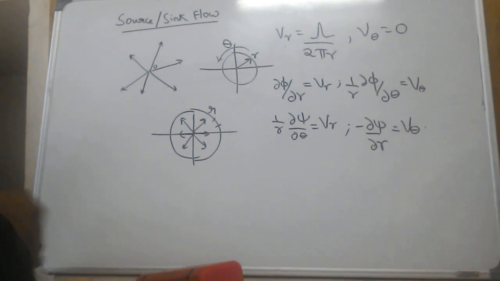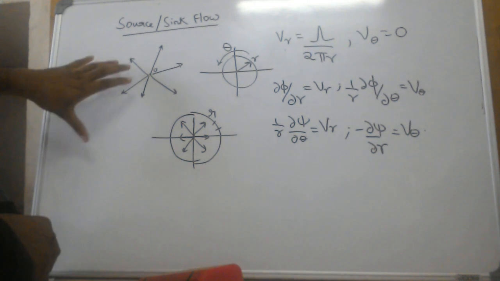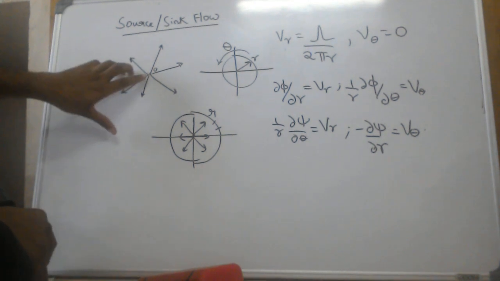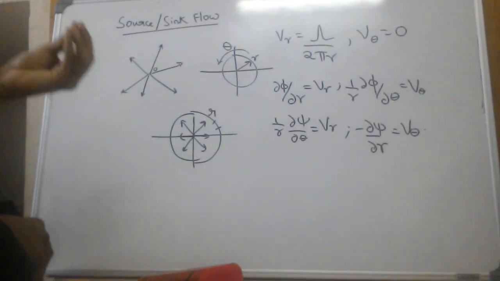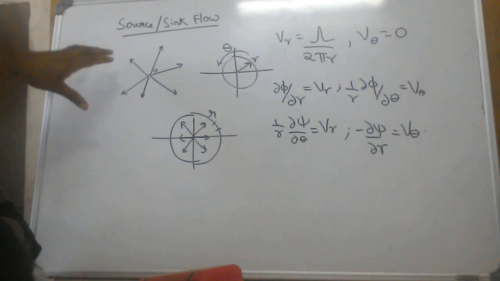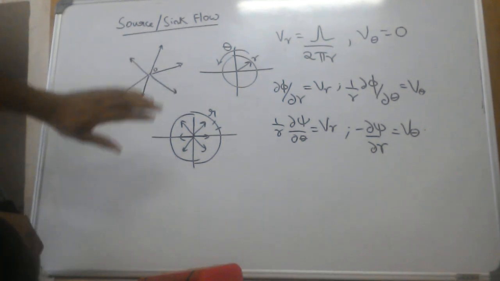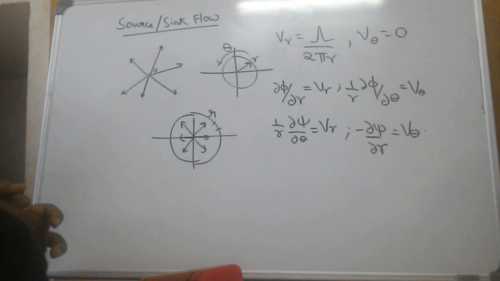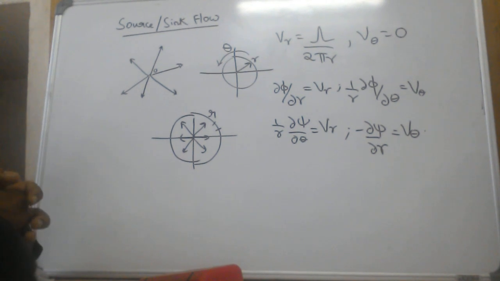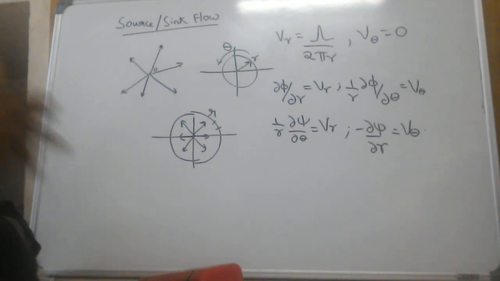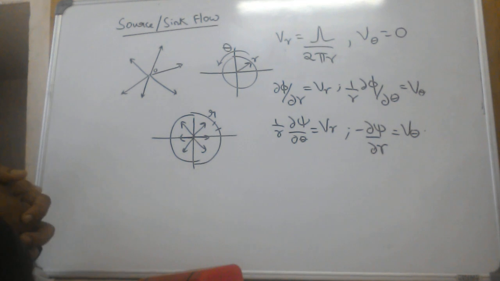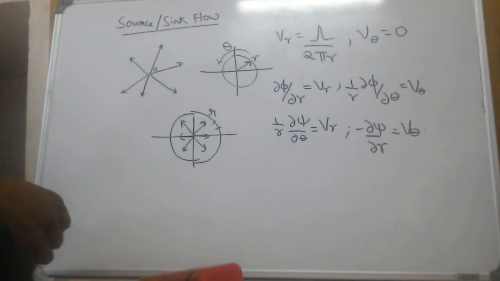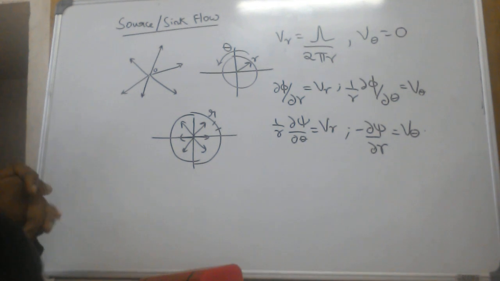But physically as well, it's kind of intuitive because you have a point from which flow is either appearing, as in the case of source flow, or disappearing, as in the case of a sink flow. That kind of violates the mass conservation because the mass is just disappearing into nowhere or appearing from nowhere. So that's a point that should be kept in mind.